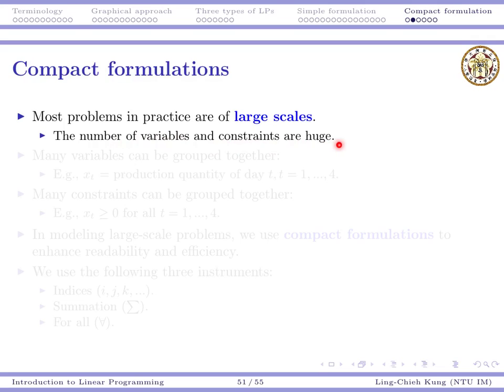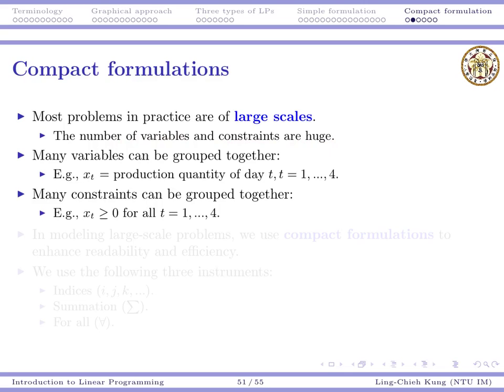Compact formulation simply means we want to group constraints and variables to make the formulation compact. We know many variables can be grouped together. For example, the production quantity of each day can be grouped into one single sentence, right?